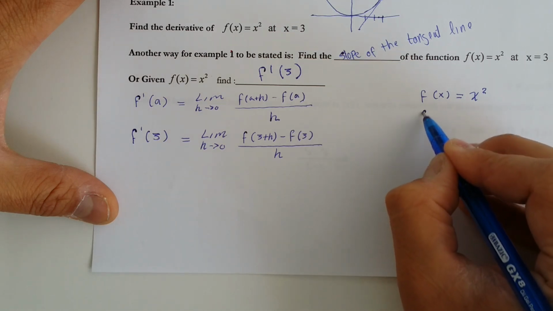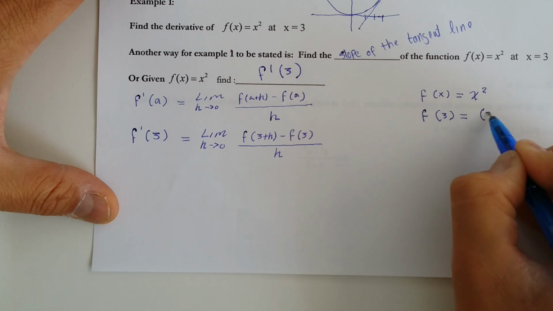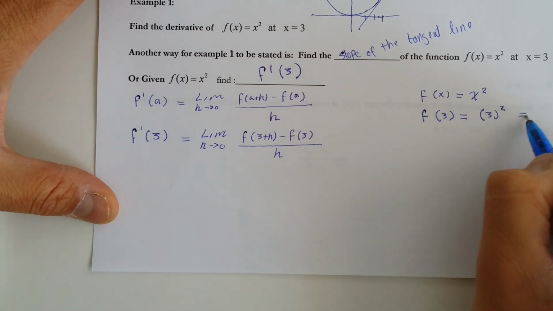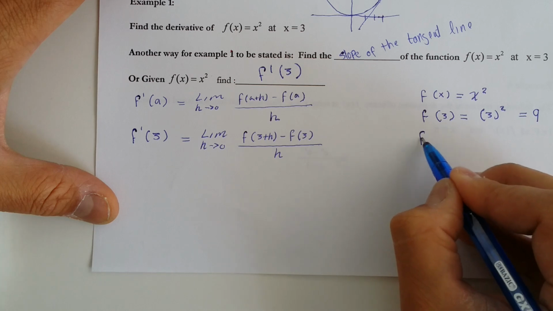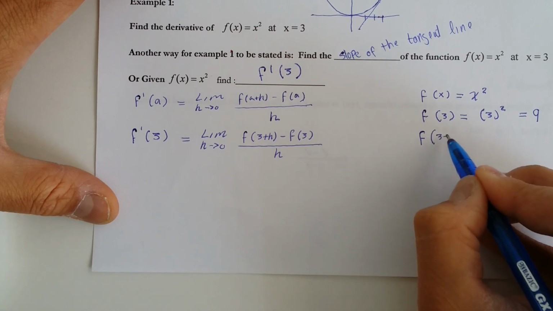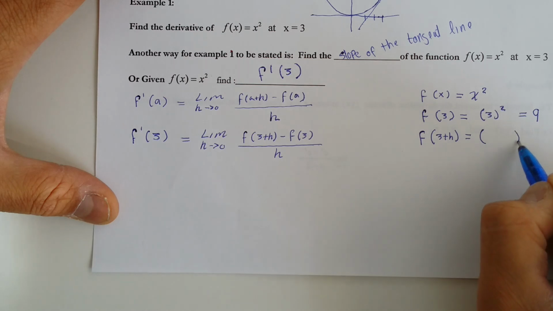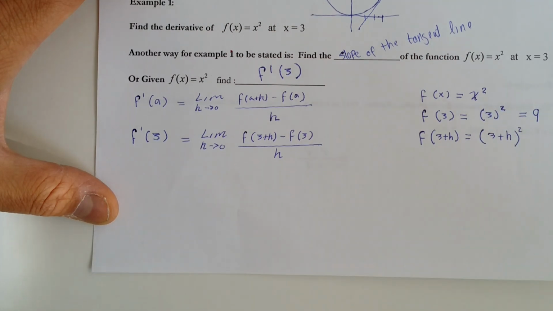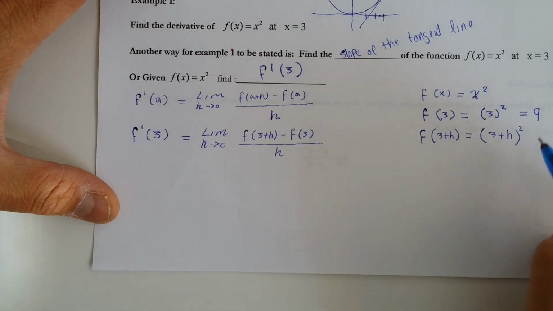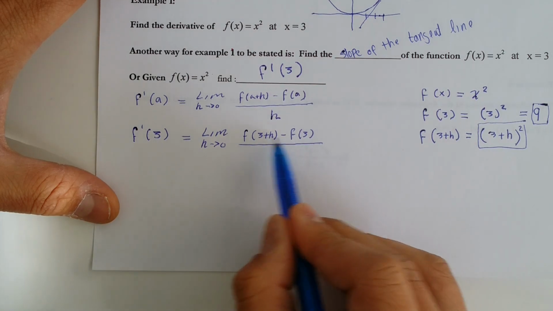So f at 3 means you replace x with 3, and that gives you 9. So that is 9. Awesome. Now, what is f at 3 plus h? Well, you replace the letter x by 3 plus h, and then you square it. So I'm going to take these two values and replace them for the appropriate symbol.